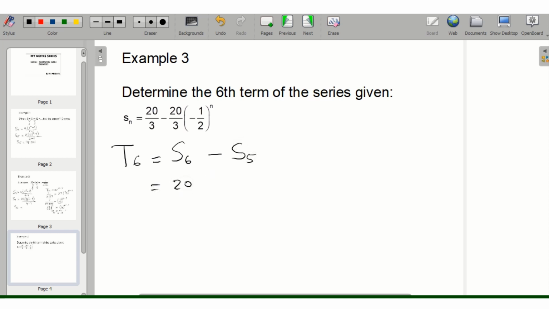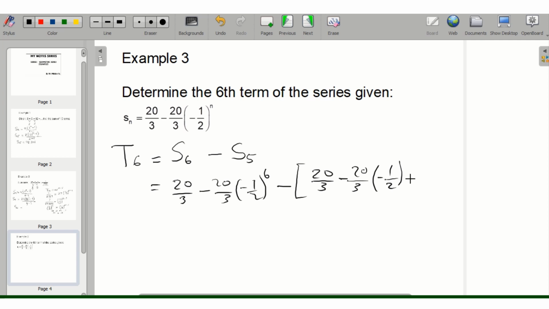So 20 over 3 minus 20 over 3 into minus half raised to power 6, minus 20 over 3 minus 20 over 3 into minus half raised to power 5.